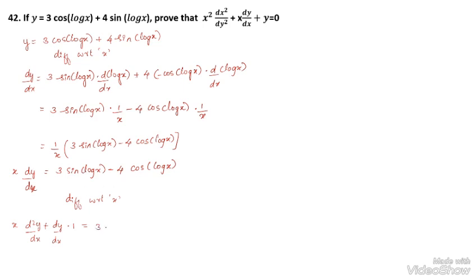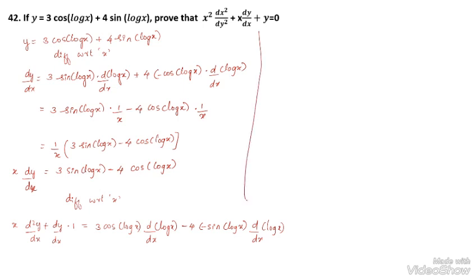Differentiation of sine function will be cos of log x, and again I can take differentiation of log x, minus 4 into differentiation of cos x will be minus sine of log x. Differentiation of log x.